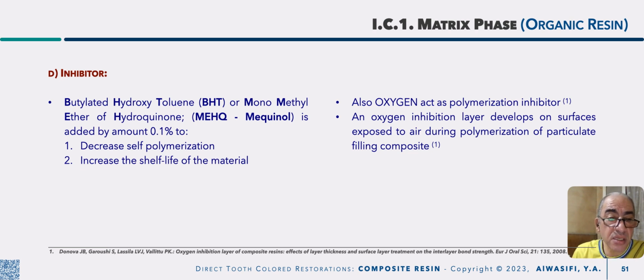That's why you should add an inhibitor in the form of butylated hydroxytoluene or monomethyl ether of hydroquinone, which is called methanol, in a very small amount to decrease self-polymerization and increase the shelf life of the material. But you should note something important.